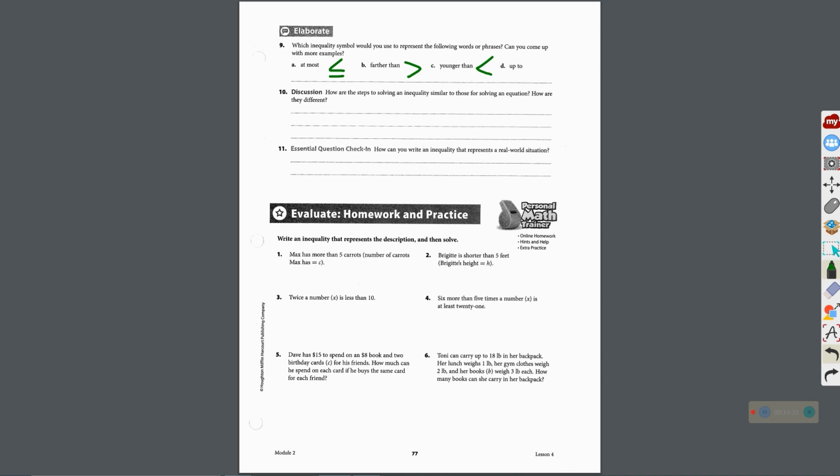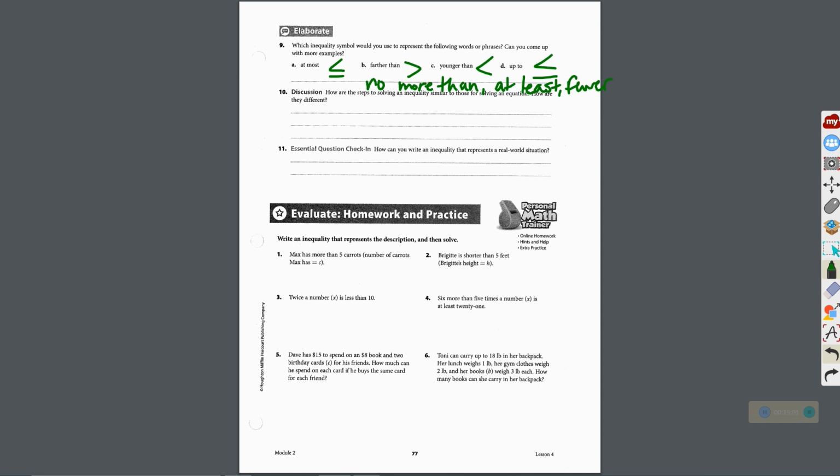If you get to spend up to $50, you need to spend less than or equal to 50. And there's all kinds of different phrases. No more than, at least, fewer. There's a bunch of different phrases and words that use inequalities rather than equations.